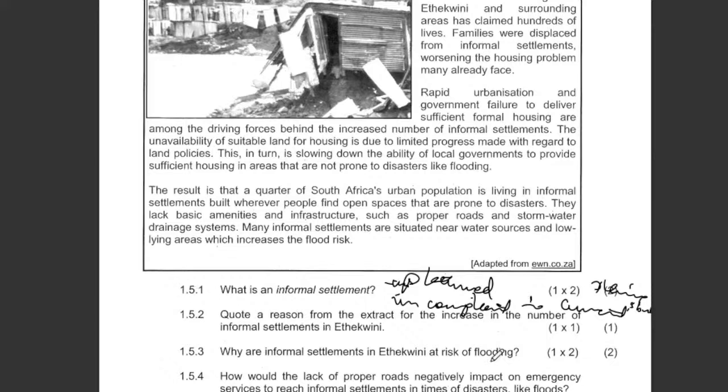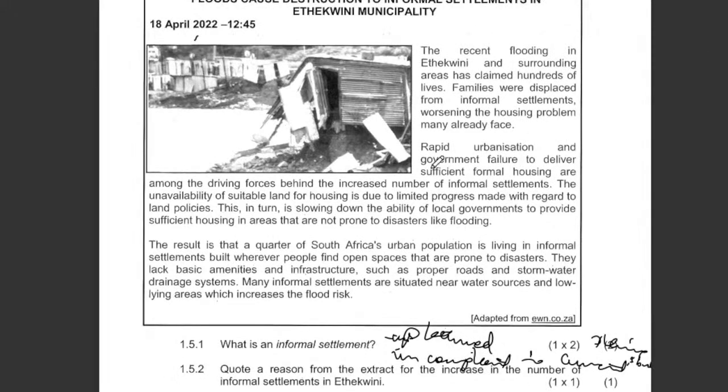Okay, the next one is: quote a reason from the extract for the increase in the number of informal settlements in eThekwini. Why is the number of informal settlements increasing in eThekwini? The first quote you're going to have is rapid urbanization. The next quote is that the government failed to deliver sufficient formal houses.